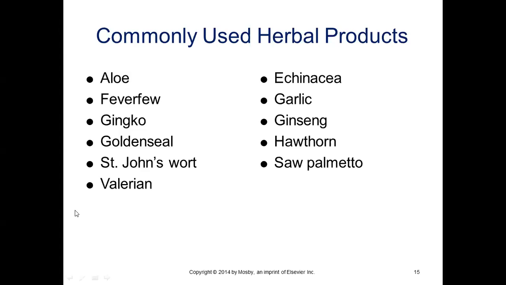Like St. John's wort, frequently asked on the NCLEX board exam, St. John's wort reduces morning sickness or helps wound healing, or has diuretic properties. Also, we use it for depression, right?